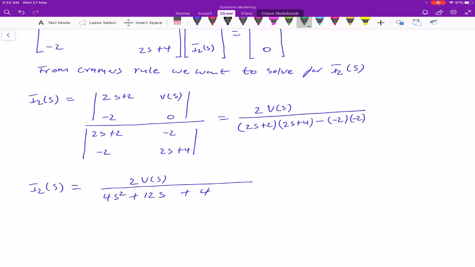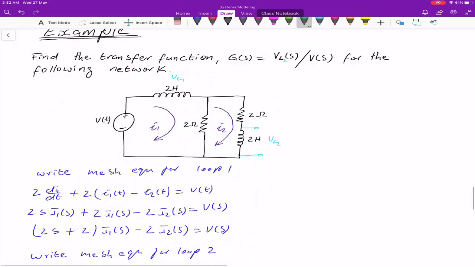We know that the voltage drop here, remember you have I2 current, I2 coming here, and also I2 going through the 2 Henry inductor. So we can say that your I2 of S is equal to VL of S over 2S. Okay, and how did we get that?